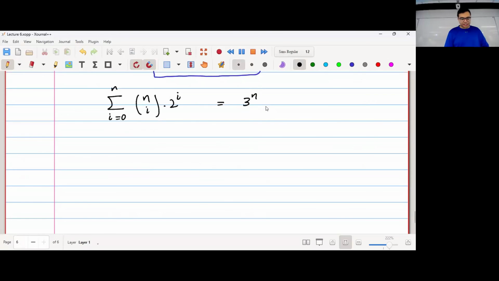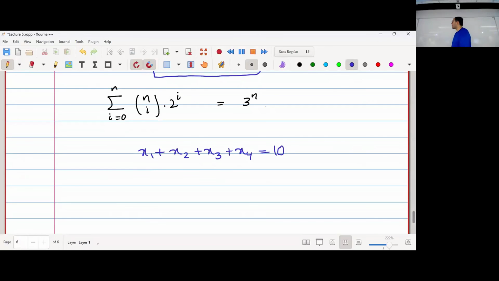Now, let's ask a more interesting question. I want you to consider this equality: x1 plus x2 plus x3 plus x4 is equal to 10.